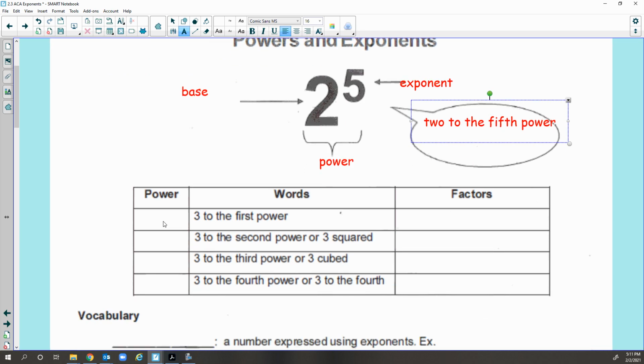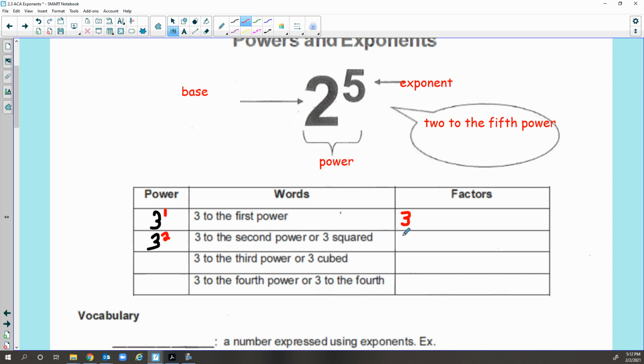In our chart here, we would show 3 to the 1st power. And really what that means is that's just 3 times nothing. The next thing we would do is 3 to the 2nd power, or we could call that squared, 3 squared.